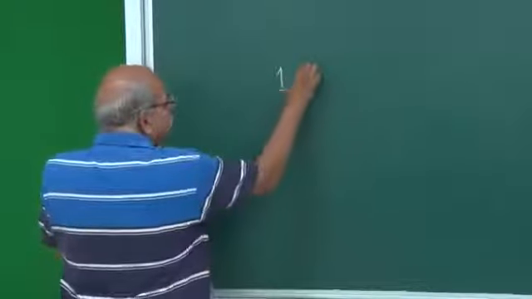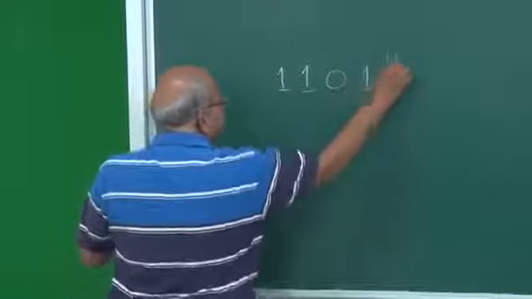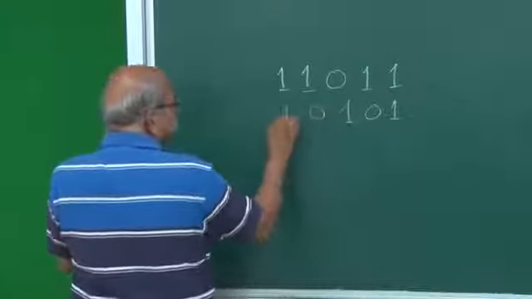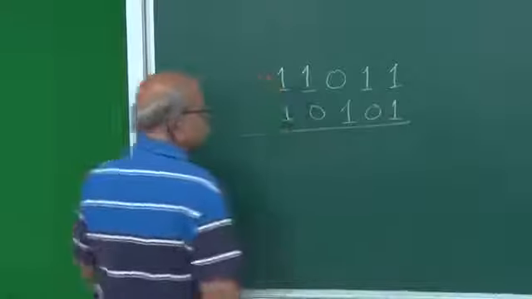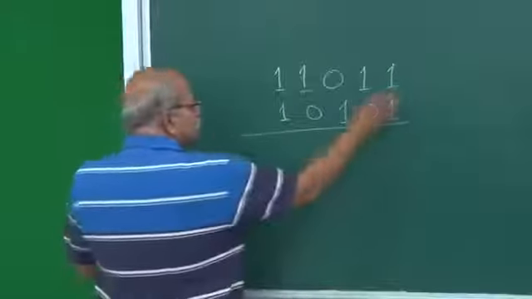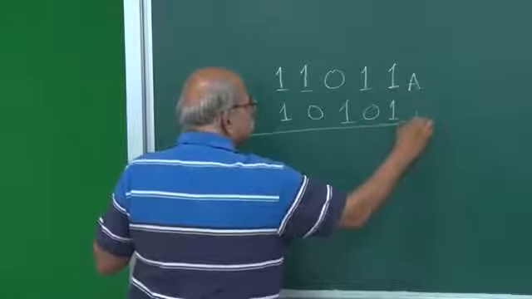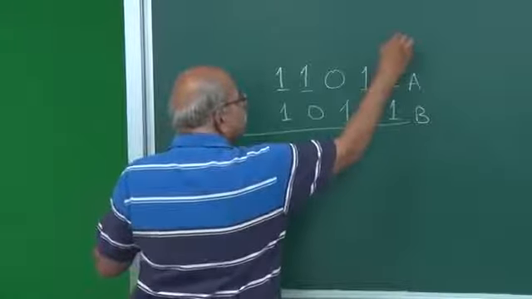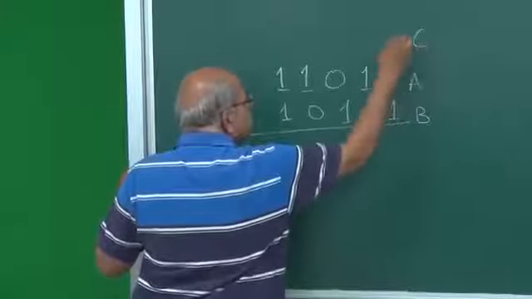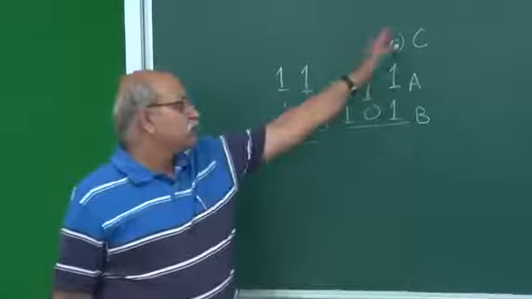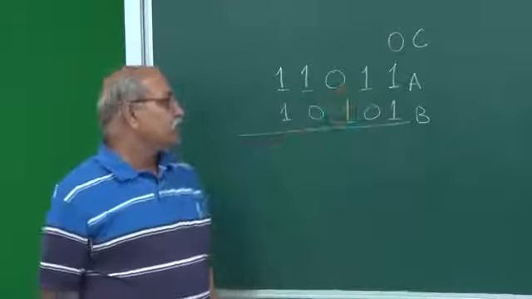So, let us say we have some number here, and we have to add. So, let us call this A, let us call this B. So, what we do, and this is our carry. So, initial carry is always 0. Once you are in the rightmost position, initial carry is always 0.